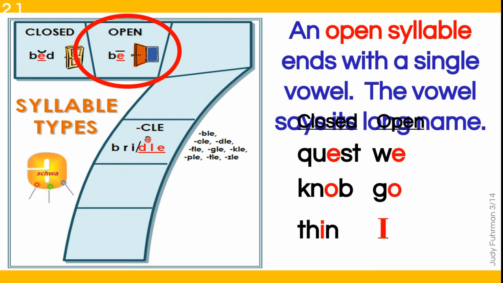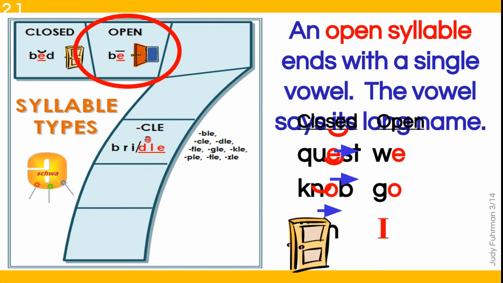So we have examples here of the closed and open syllables. So in quest, that is the closed syllable because you have the short E, and it's identifying there the short E sound. And then in we, it's the open with the long E. And then in knob, you have the short, so that's closed because you have the short O sound.